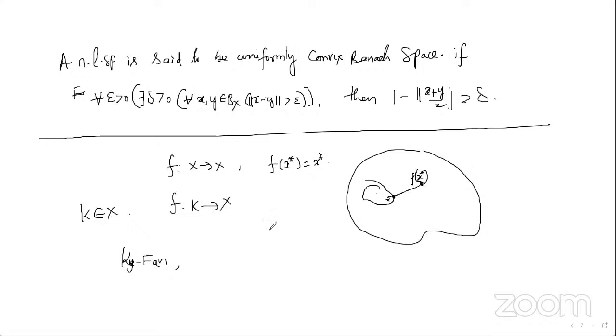Equivalently, we can think of a fixed point as an optimization problem for this function. If we can find one x star where this is 0, then that is a fixed point.